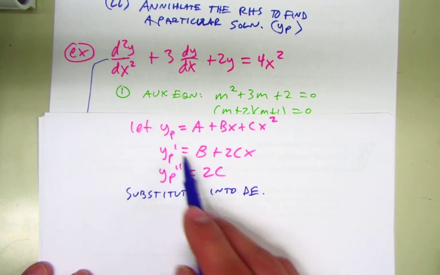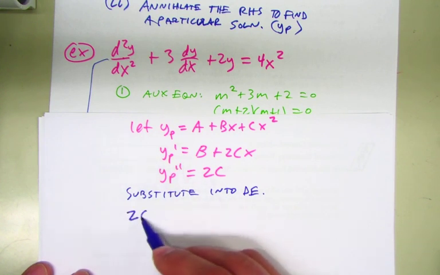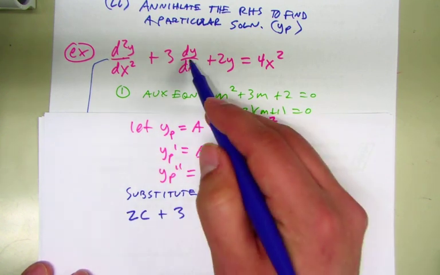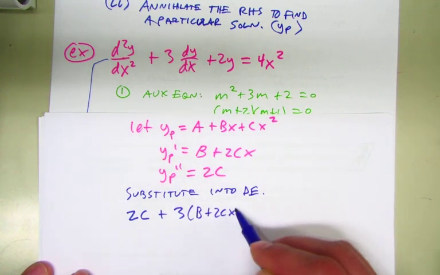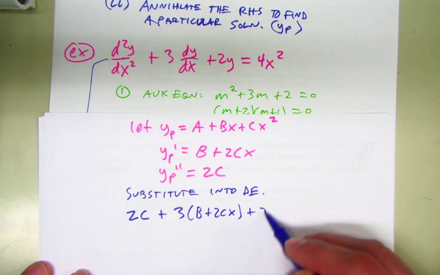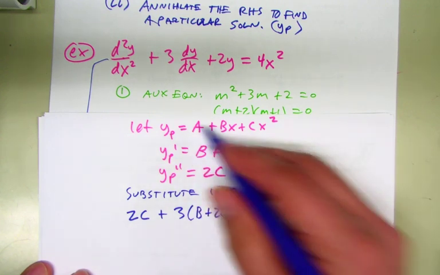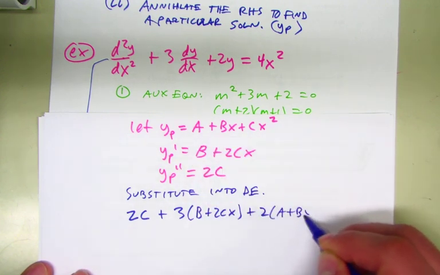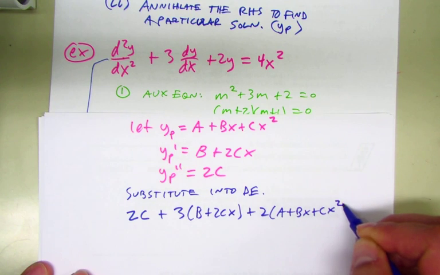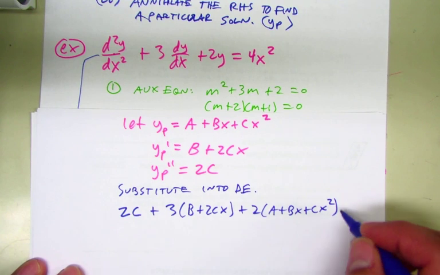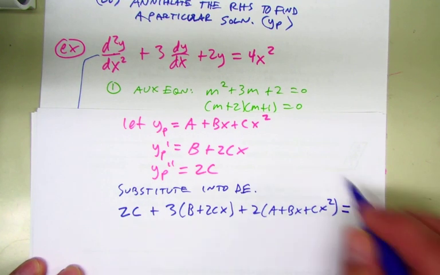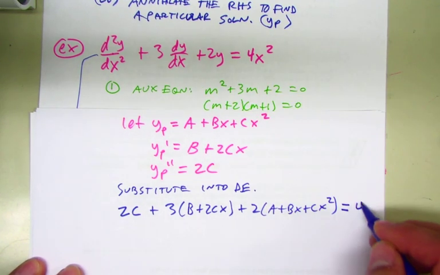Second derivative is just going to be this one, 2c, plus 3 times the first derivative, so that'll be b plus 2cx, plus 2 times y, and in this case the y is just a plus bx plus cx squared. Okay, and now that needs to equal the right-hand side, which is 4x squared.